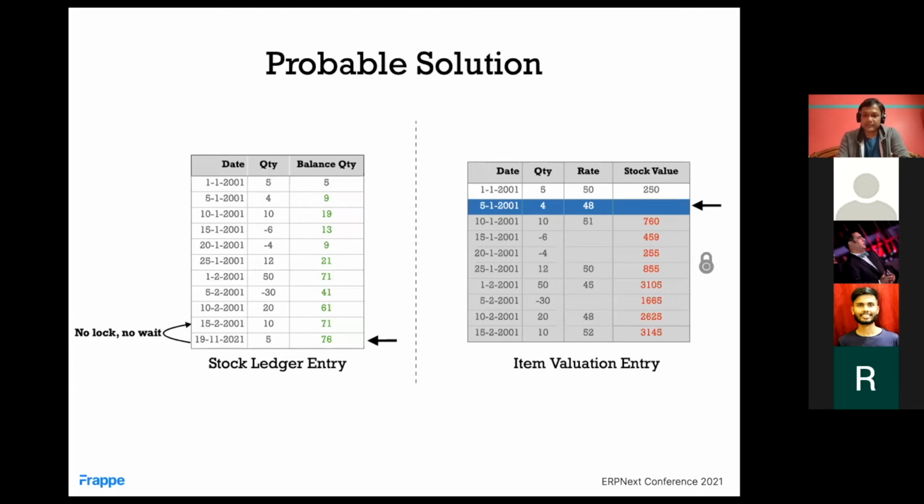Maybe we can name it Item Valuation Entry or something like that. So reposting will happen only on the Item Valuation Entry table. It will lock only that table, and when you submit a stock transaction, it will immediately affect only the stock ledger entry table, and there will be no locking, so it will not give you any timeout issue. That way we can solve it, but it is still in the idea stage.